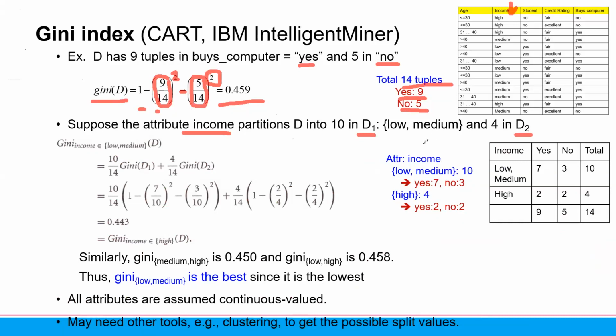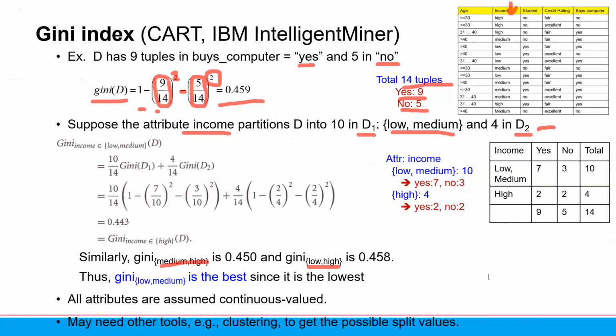So if we have three values and we want to make into two, then there will be low, medium, and high. We can have medium, high, and low, and we can have low, high, and medium.